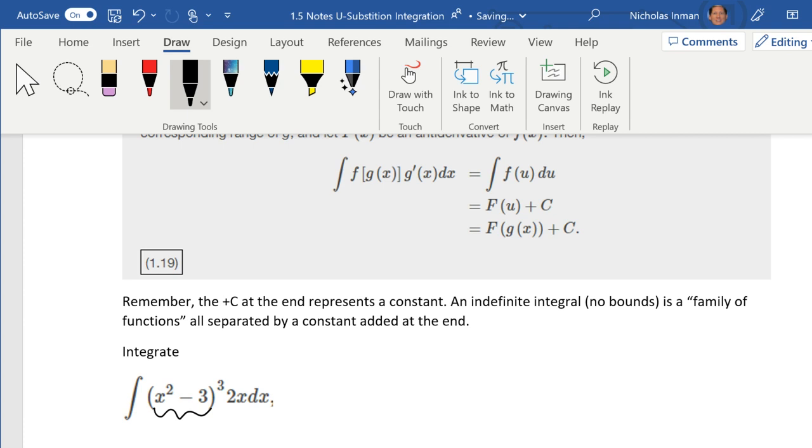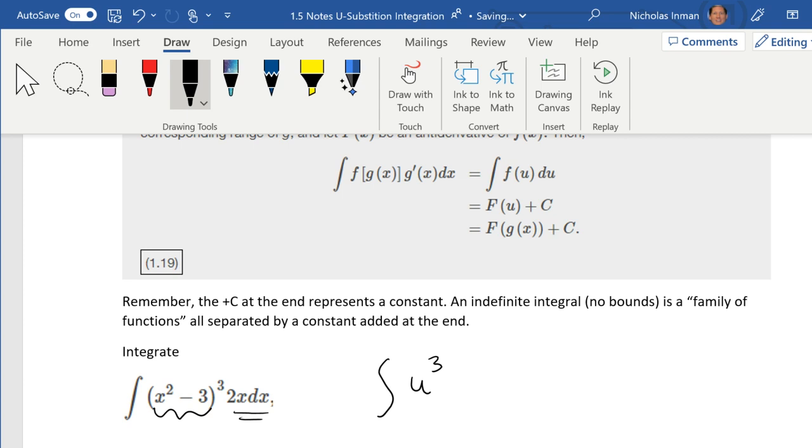So what we do is we say, hey, let's let u, this new variable, be equal to that. What that's going to do for us, if we let u be equal to that, is now we wind up having the integral of u cubed. And that's really nice. I know how to do the integral of u cubed. But the problem is there's still this other stuff. Now we have u's and x's in our problem.